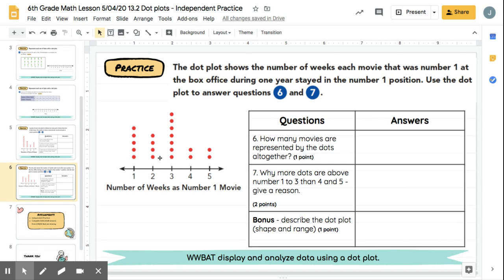Why do you think there are more movies that were number one for 1, 2, or 3 weeks? And then if you can describe the dot plot using the specific words for its shape and range, you'll get 1 extra point. So in total, there's 11 points to score out of these assignments.